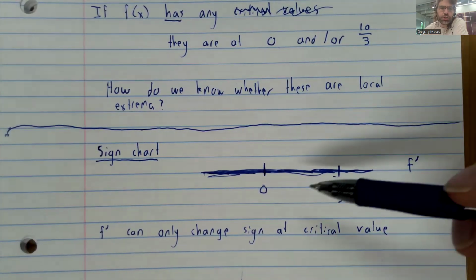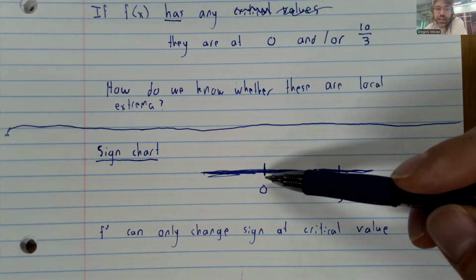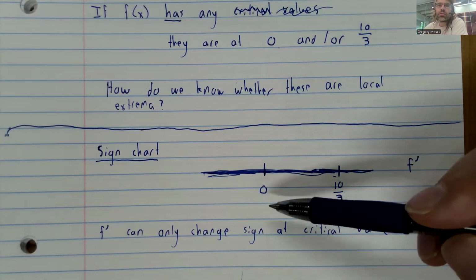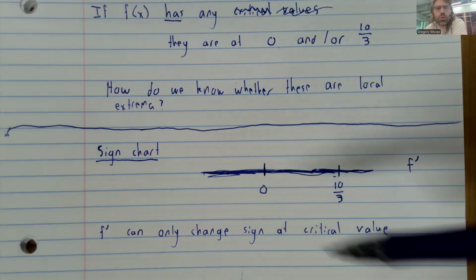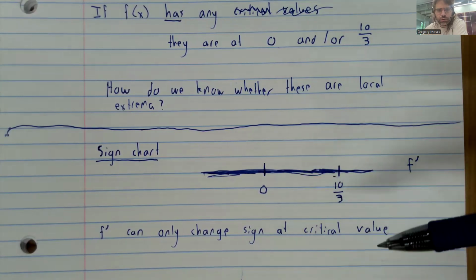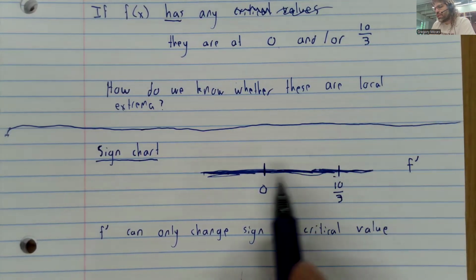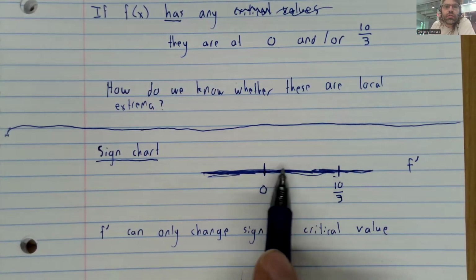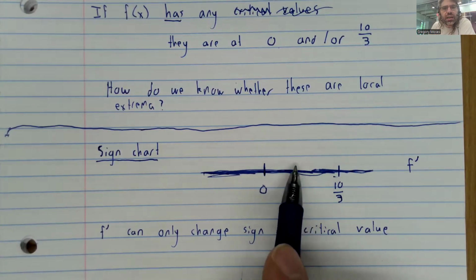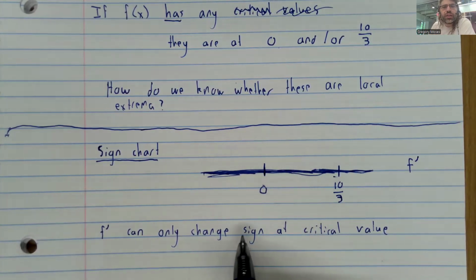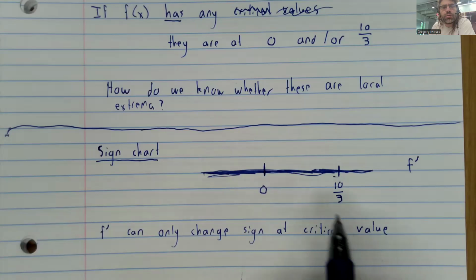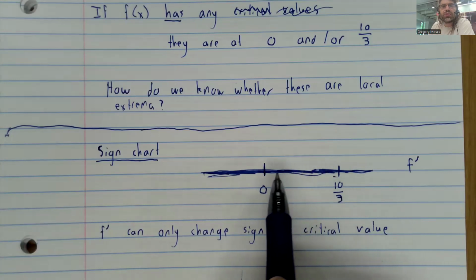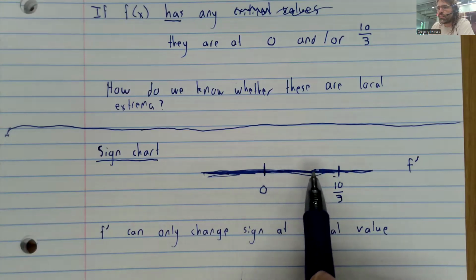We've written the critical values on the number line, 0 and 10 thirds. These are the only critical values. So that means that, for example, between 0 and 10 thirds, the derivative can't change sign. The derivative can only change sign at a critical value, and there are no critical values between 0 and 10 thirds.